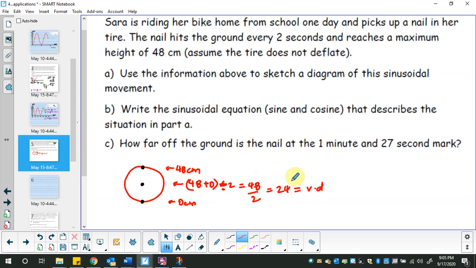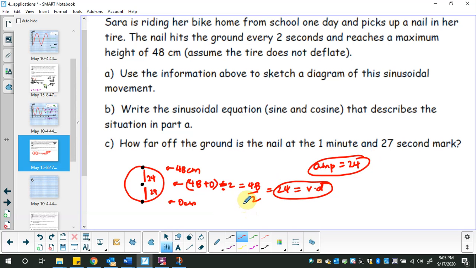The amplitude, you can do the 48 minus 0 divided by 2, or you can kind of ballpark it and say, okay, well, if this and this together is 48 and we're going from 0, this is 24 and this is another 24. So the vertical displacement and the amplitude are actually exactly the same values, but that is a complete coincidence. As you can tell from the last two questions, it doesn't always happen that way.